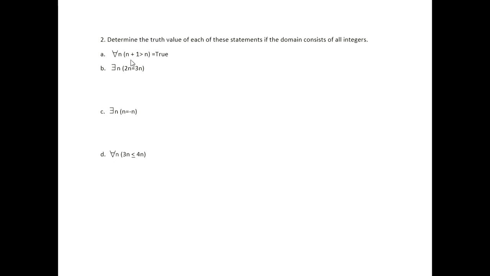So, if ibutang nato nga ang n is 0, so 2 times 0 is equals 0, then 3 times 0 is equals to 0. So, nag-equal siya. So, ang ako pong answer na is true.